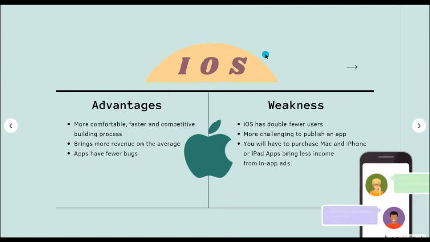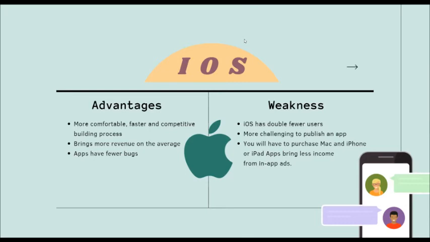For the advantages and weaknesses of iOS, the advantages are more comfortable, faster, and competitive building process. So the iOS has a smoother interface, which allows the user to do stuff smoothly and nicely. Brings more revenue on the average, since iOS is quite expensive.